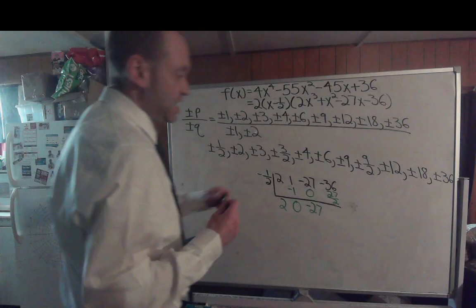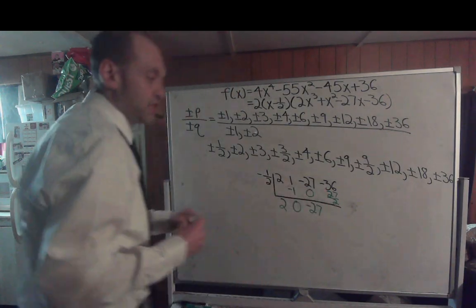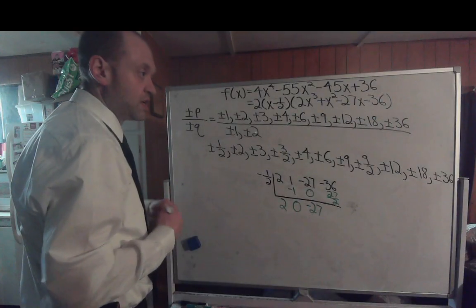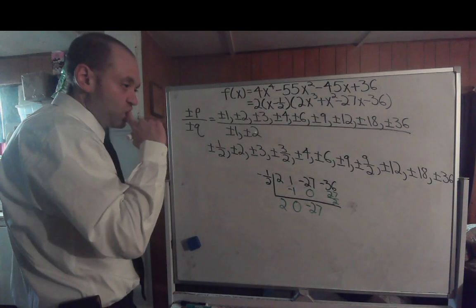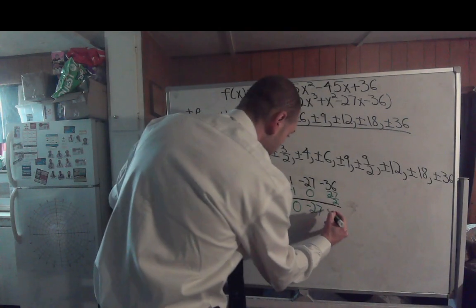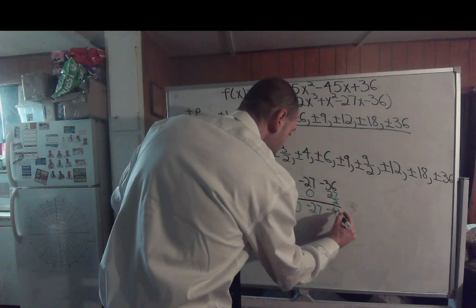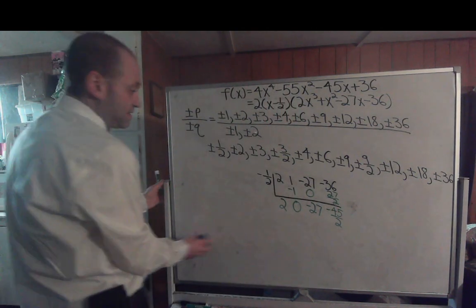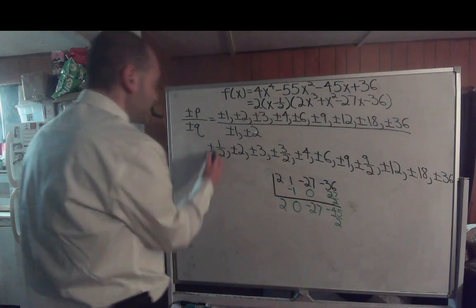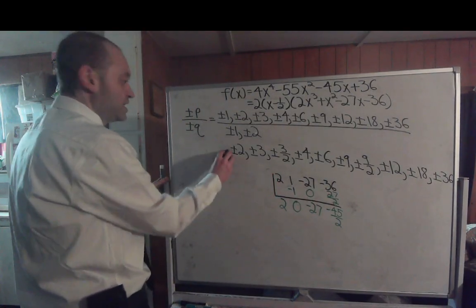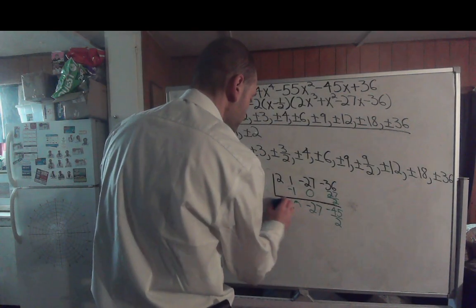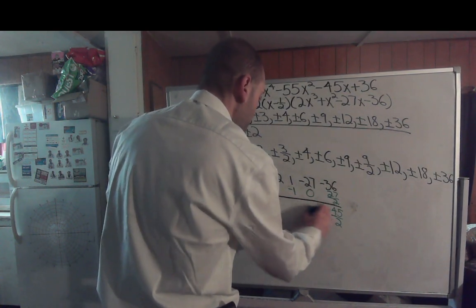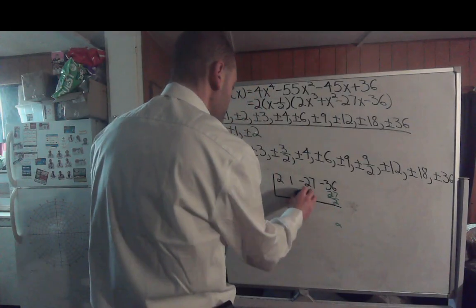So this would be the same as negative 72/2 plus 27/2. That would end up being negative 45/2, which, as a remainder, means it's definitely not a factor. So none of your plus or minus 1/2 are acceptable factors. Let's now try 2.